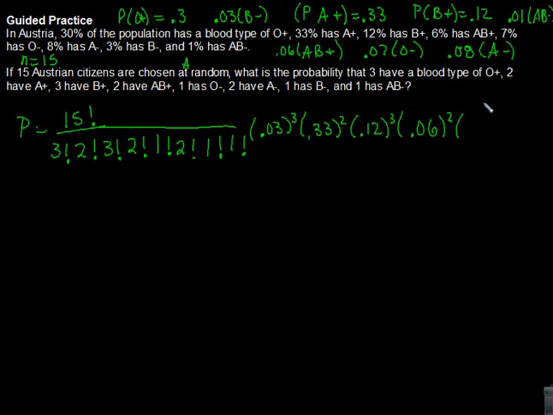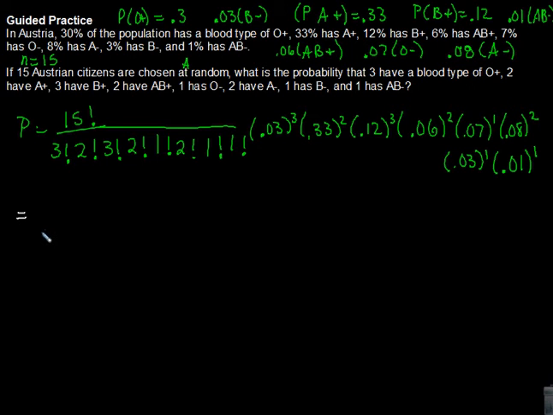O negative is 0.07. A negative was 0.08. So that's 2. I'm running out of space. So B negative was 0.03 and AB negative was 0.01. So far okay? Did I lose you? Are you sure? Because I'll go back over it.